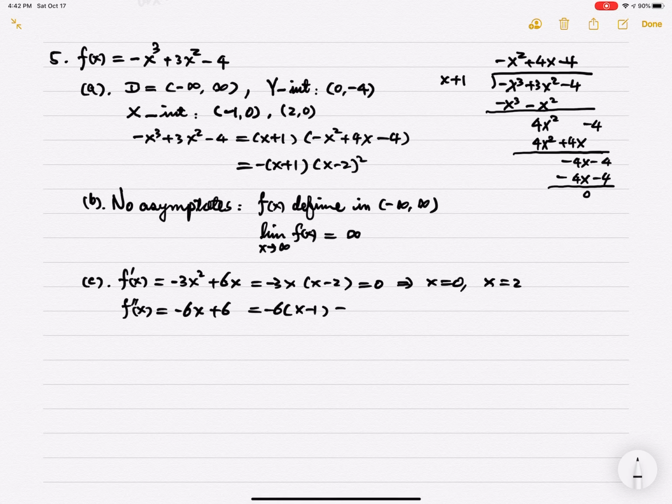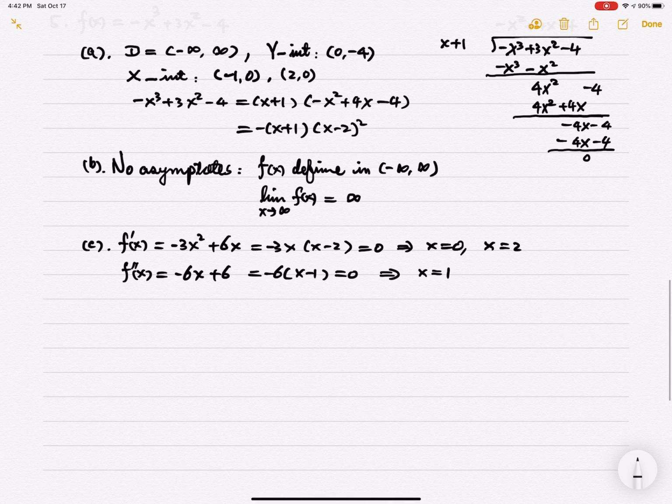Right? Now equal to 0 means x equals 1. Okay? So we have those 3 points to break the whole interval into 4 subintervals. So when we draw the table, we put it like this. This is the table we talk about, and the problem example I did in the lecture.